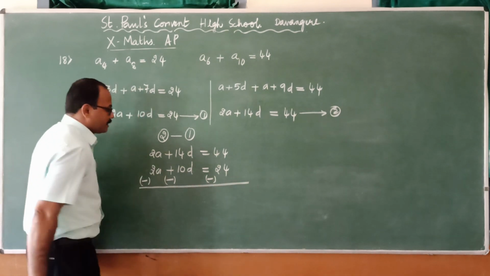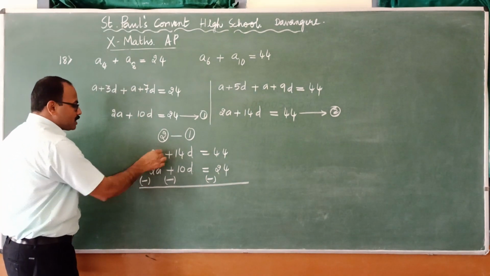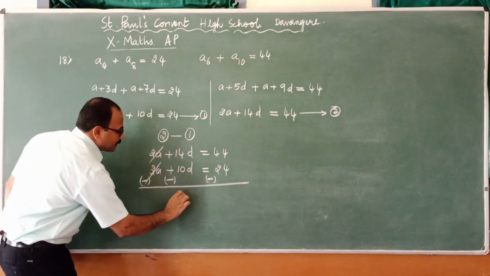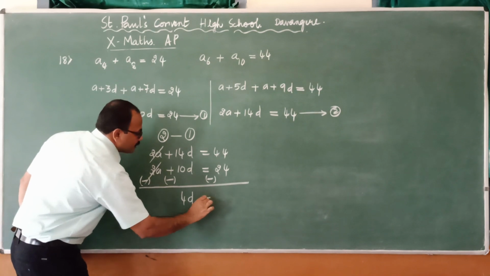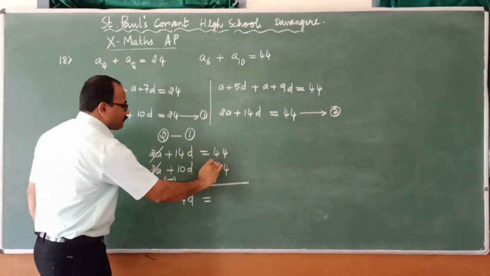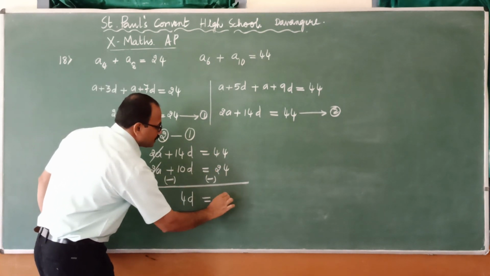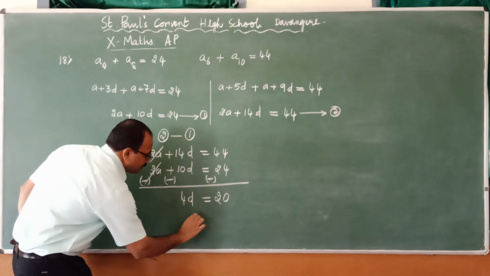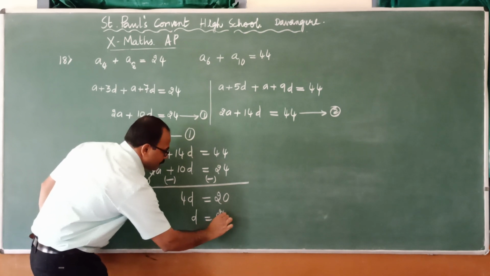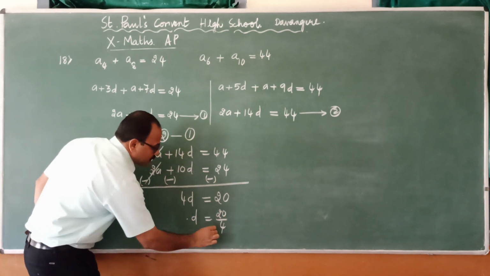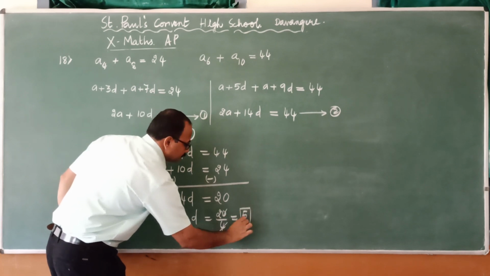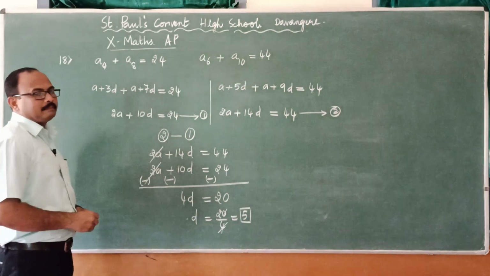Then draw this line, children. 2a minus 2a get cancelled. 14d minus 10d becomes 4d, equal to 44 minus 24, which is 20. Therefore, d will be equal to 20 by 4, which is 5. d is 5.